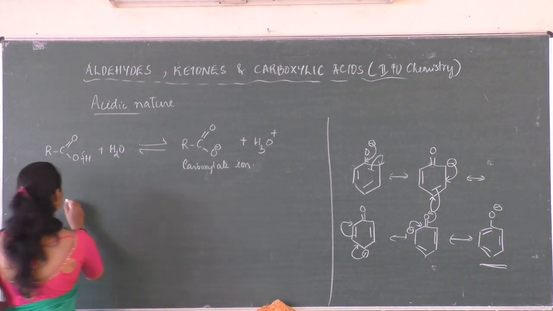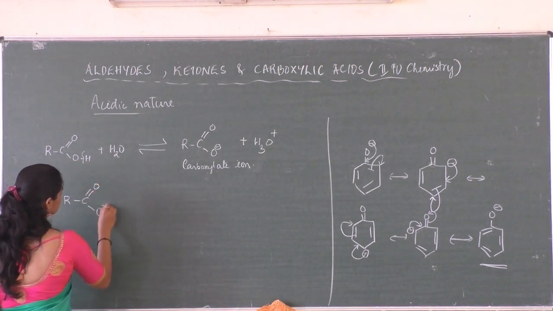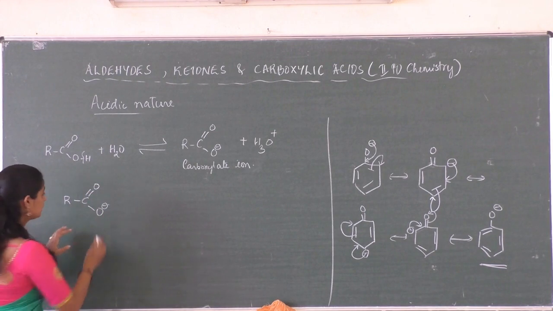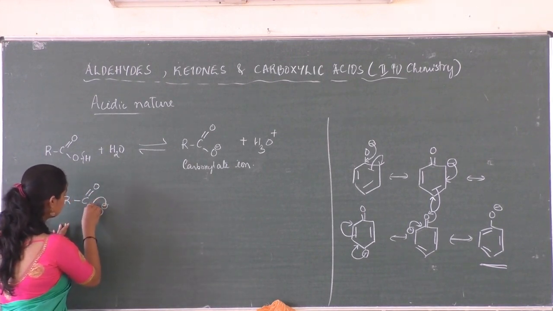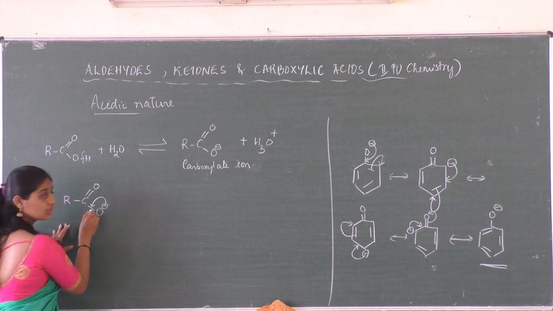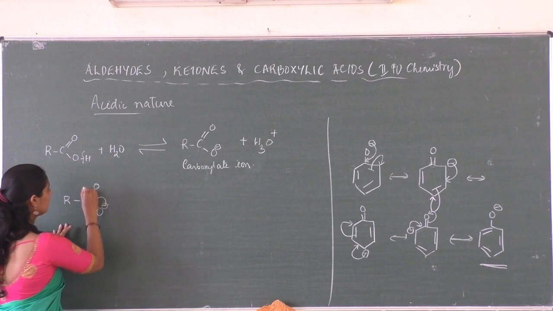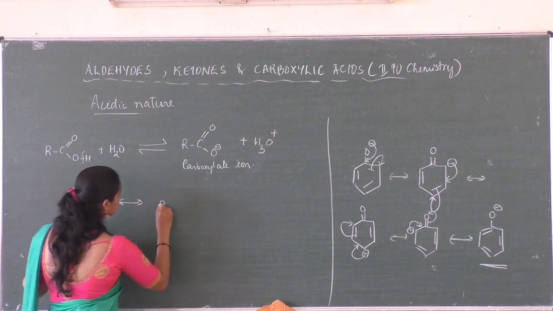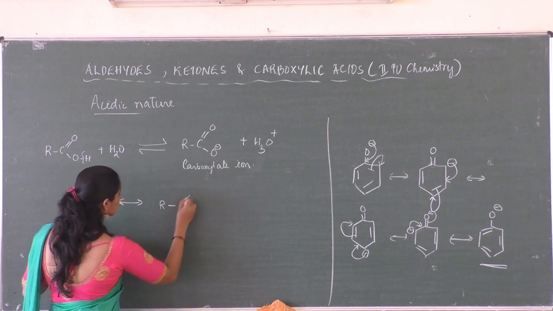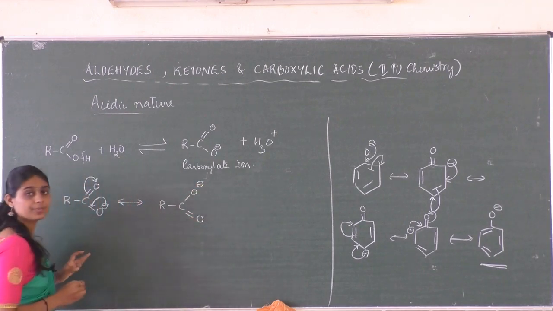This is the first structure, where the negative charge will be delocalized between the carbon and oxygen bond. So this single bond gets converted to a double bond, and this oxygen will pull the pi electrons towards itself. So we have R, C, then this gets a single bond with O minus and will form a double bond here.